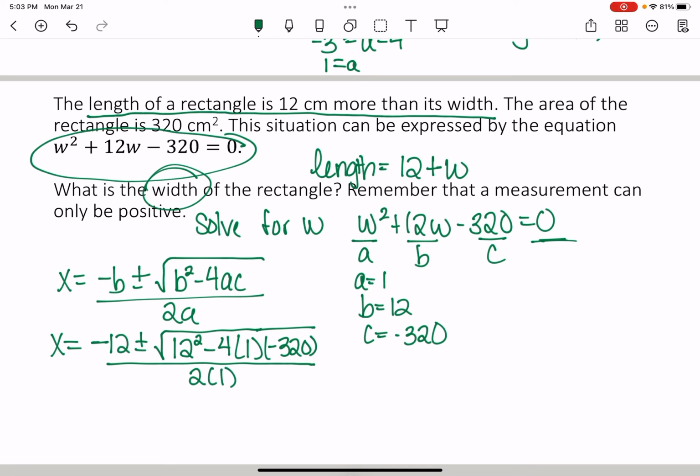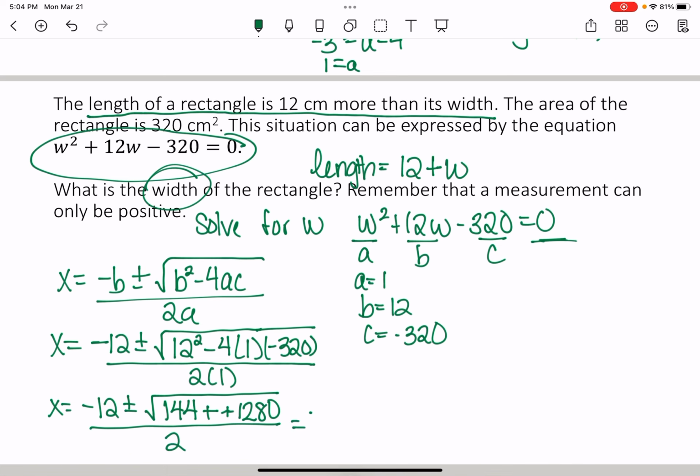So this gives me x equals -12 plus or minus the square root of 144 minus, let's see, 4 times 1 times -320 is -1280. Since I have a minus, I can turn that into a plus. Two minuses make a plus, and that's over 2.